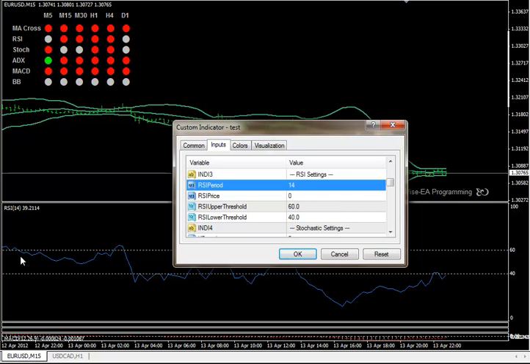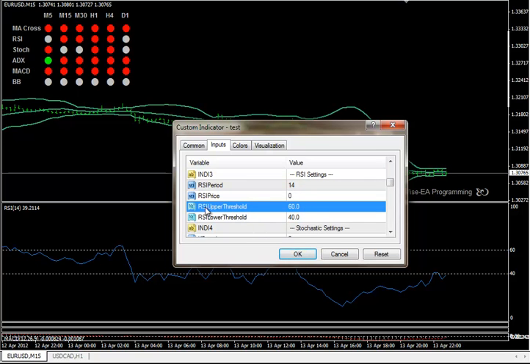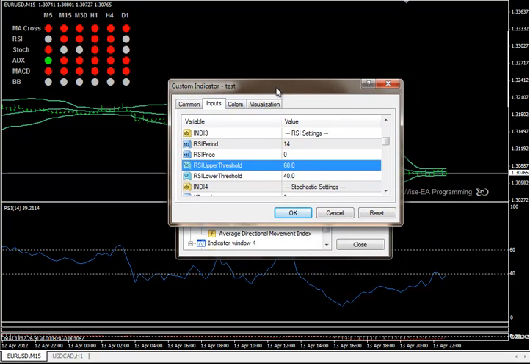Okay, so this is the second one in this case, and then the third one will be RSI. First we have RSI period, and then RSI price, and then RSI upper threshold. In this case, default is 60. Lower threshold, in this case, default is 40. The logic behind RSI is this.